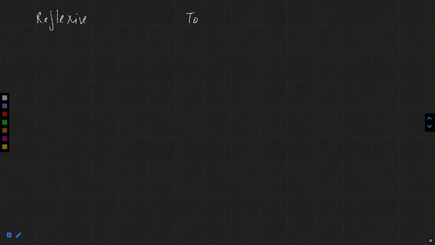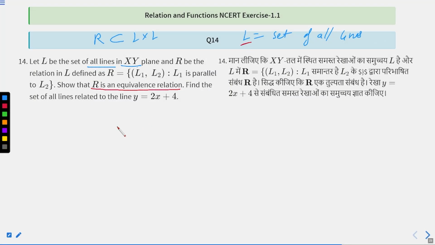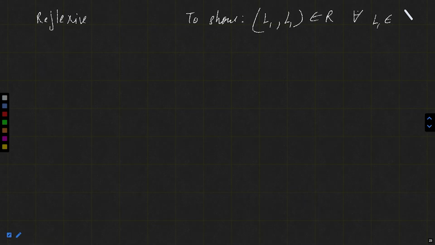So reflexive, to show what? That the pair (L1, L1) belongs to R for every L1 belonging to the set given to us, which is L. Now we know that any line is parallel to itself.